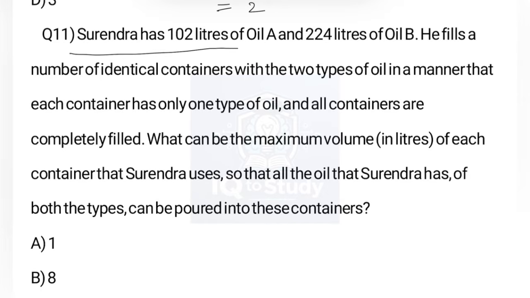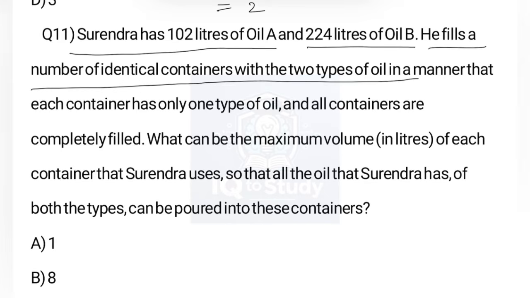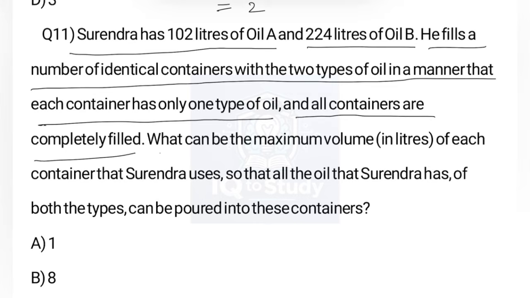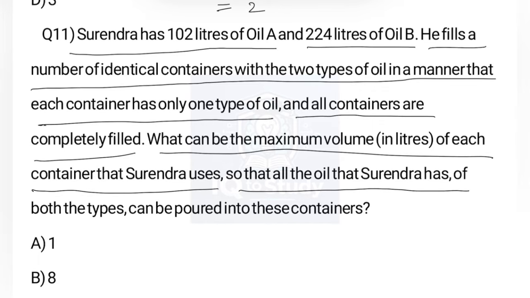Surendra has 102 liters of oil A and 224 liters of oil B. He fills number of identical containers with two types of oil in a manner that each container has only one type of oil and all containers are completely filled. What can be the maximum value of each container that Surendra uses so that all the oil that Surendra has of both the types can be poured into these containers?